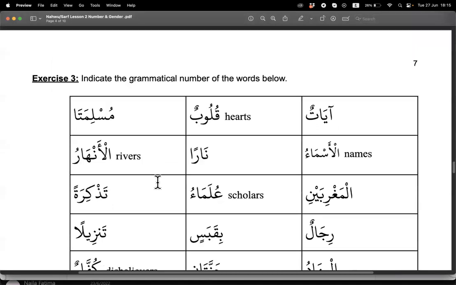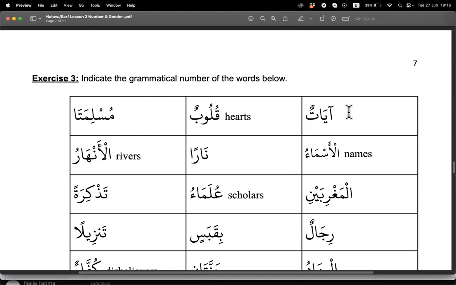We have words here. Give me the status and number and gender if we know. Status and gender first. Ayatun is feminine plural. And the status is Rafa.